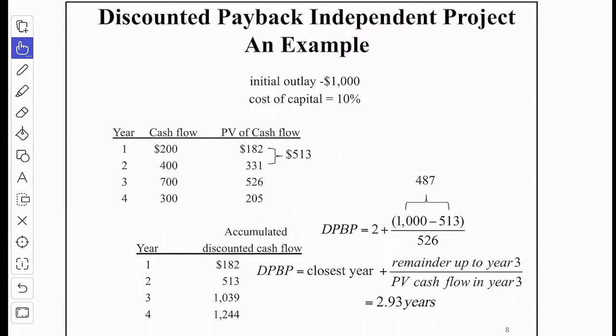Here is an example of how to calculate the payback period. So here's the initial outlay of this project. Here is the cost of capital, which represents the discount rate we will use. So it's cost of capital is like opportunity cost or discount rate. They all mean the same thing.